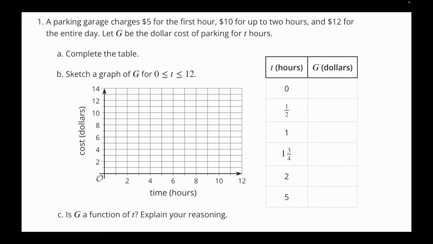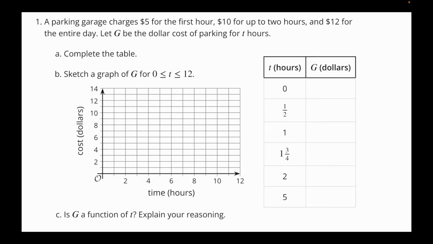So at 0 hours, if you don't park there, you don't owe them any money. So 0 hours, $0. If it charges $5 for the first hour, that means even if you park there for half an hour, it's going to cost you $5 all the way up until the first hour.